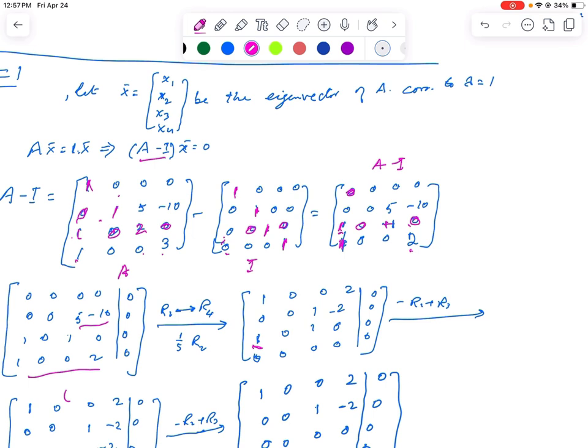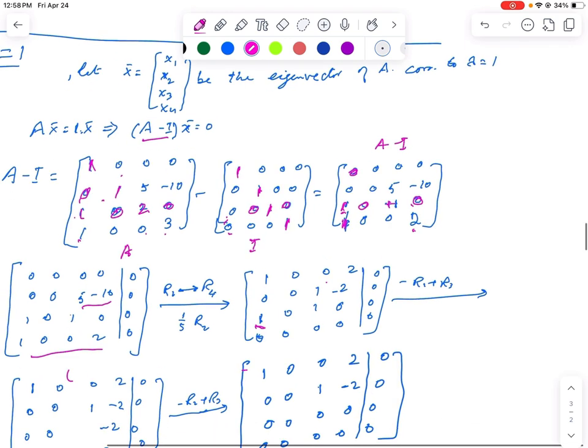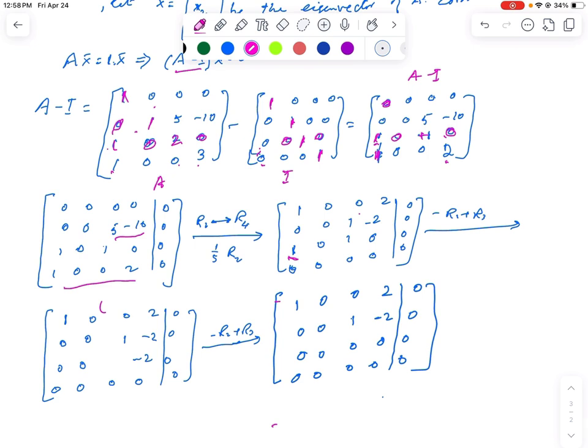When we do that, negative 1 plus 1 is 0, negative 0 plus 0 is 0, negative 0 plus 1 is 1, and negative 2 plus 0 gives us a negative 2 in the third place.